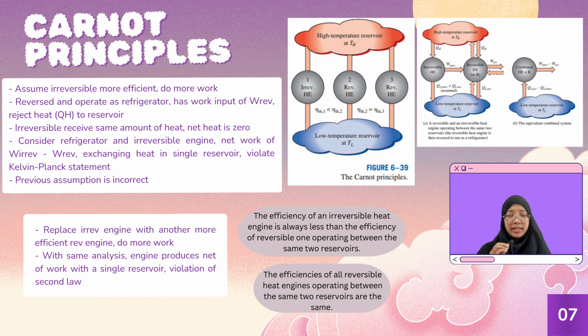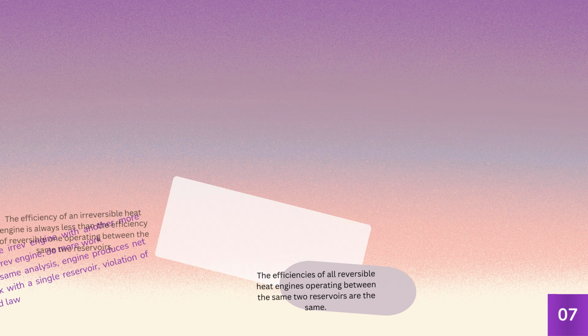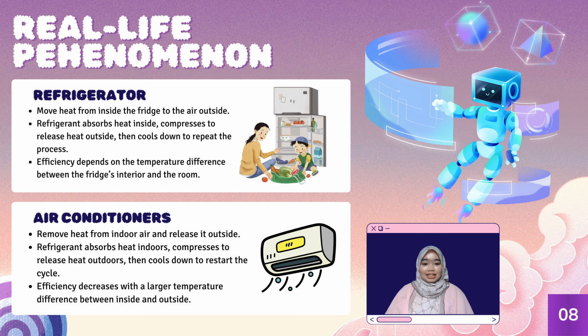The same analysis can be done with the second Carnot principle, replacing the irreversible engine with another, more efficient reversible engine, doing more work. It violates the second law, thus the principle is proven. The Carnot cycle is an idealized thermodynamic process that represents the maximum possible efficiency for heat engines. Refrigerators and air conditioners operate based on the reverse Carnot cycle, where heat is transferred from a cooler area to a warmer area.